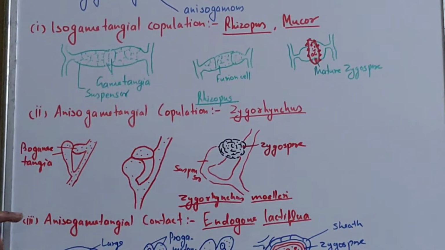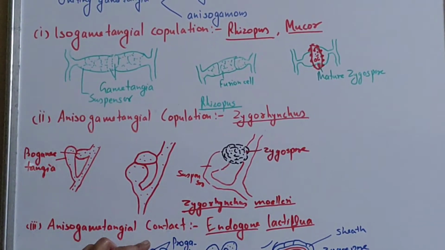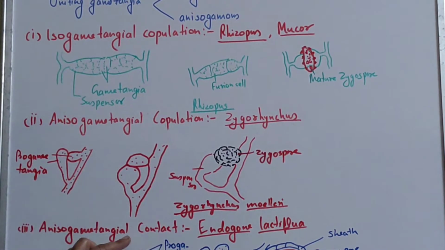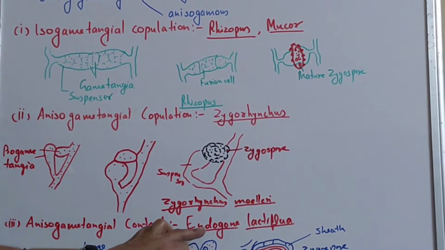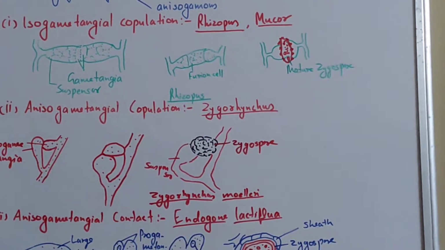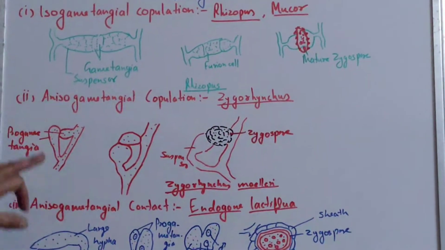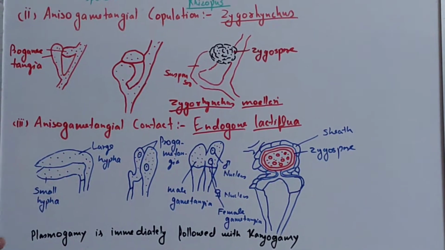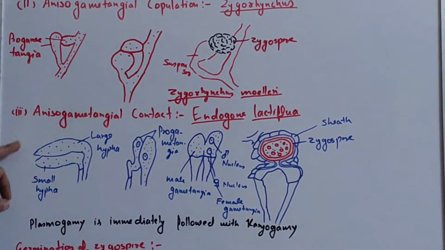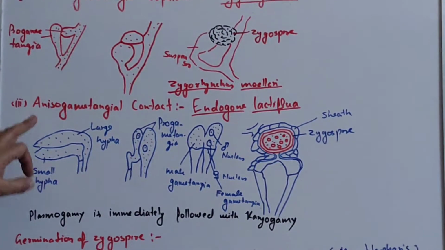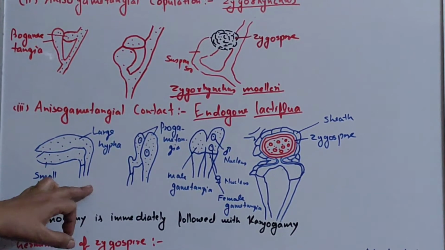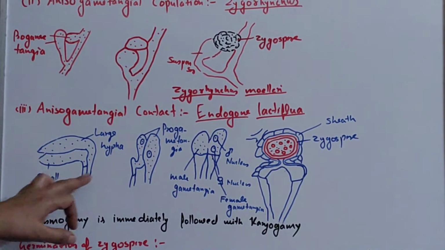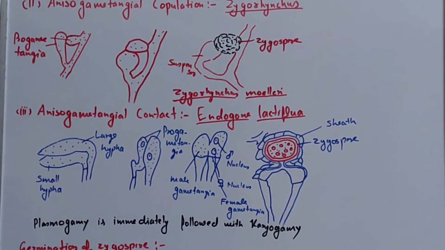The third one is anisogametangial contact. This is another type of plasmogamy, as it occurs in Endogone lactiflua. In this case, the fusing gametangia never lose their identity. The male and female gametangia differ in size, that is, their hyphae differ in diameter.